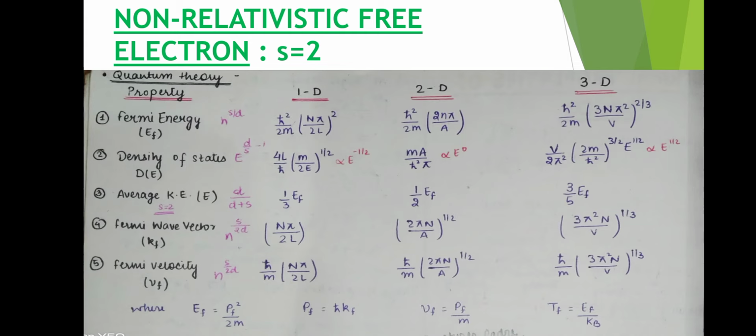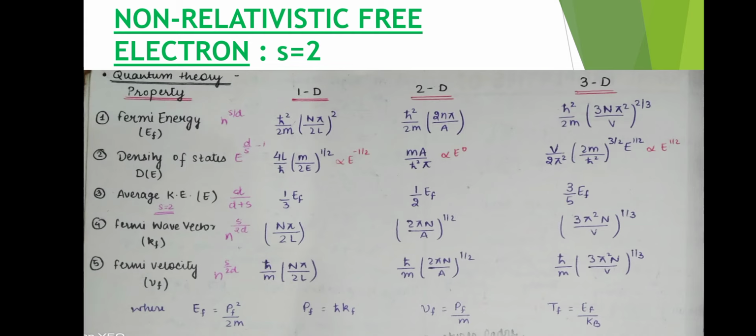Here k equals n pi by 2l for 1D case, and for 2D case, k equals 2n pi by a. So the Fermi energy will be h bar square by 2m times 2 pi n by a. And similarly for the 3D case, I think you should remember these things. This will save your time in the exam.